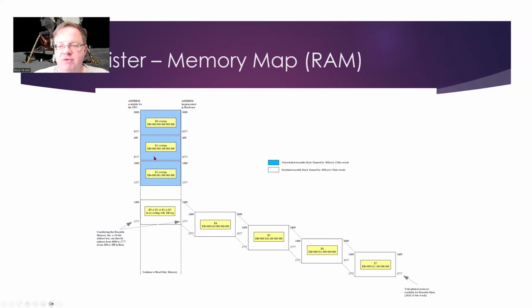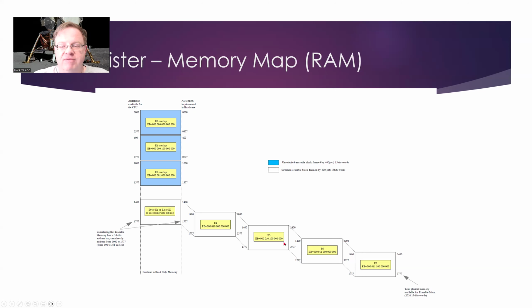These are our unswitched erasable blocks of memory. These are always available to programs that are running within the Apollo Guidance Computer. And then the range 1400 to 1777 is going to be switched between various banks depending on what our eBank register is set to.